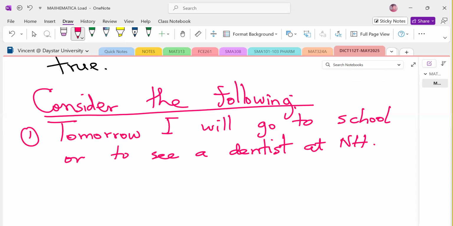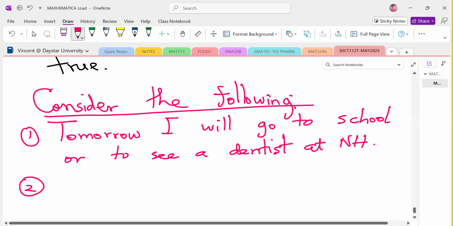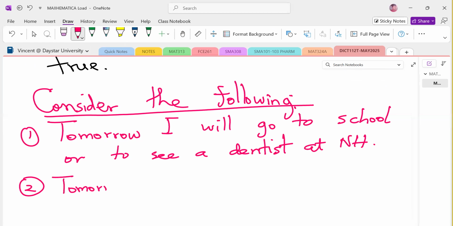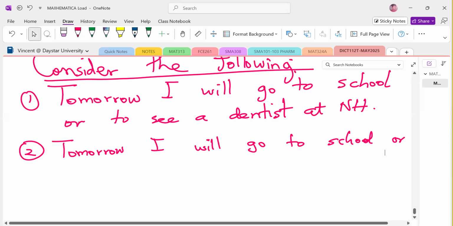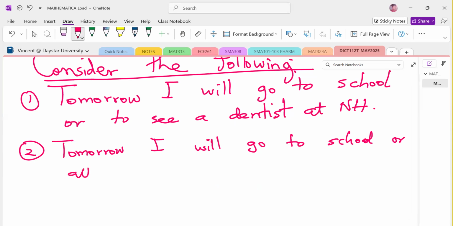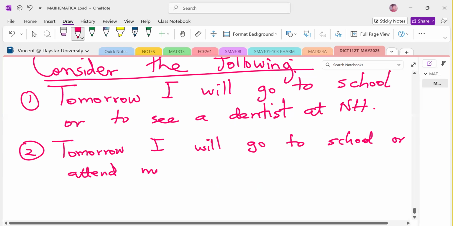Number two: tomorrow I will go to school or attend my grandfather's funeral.